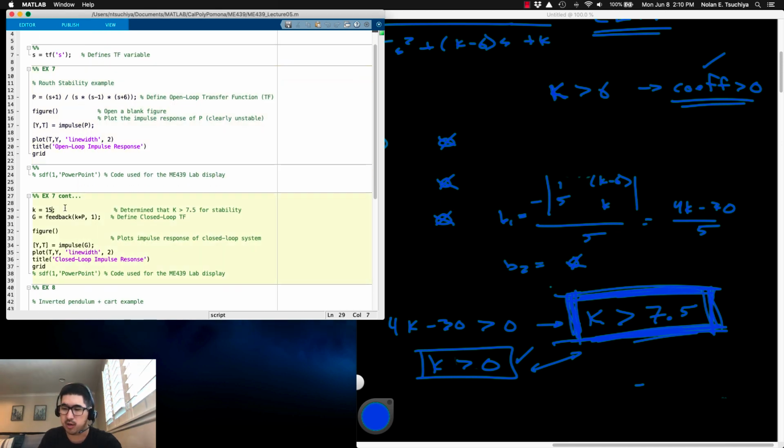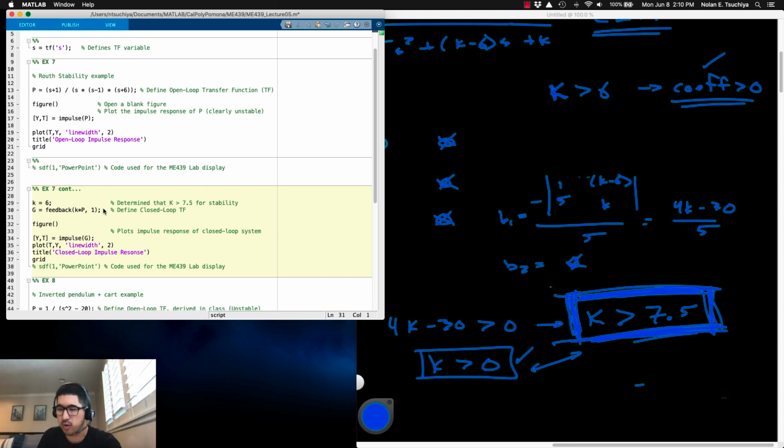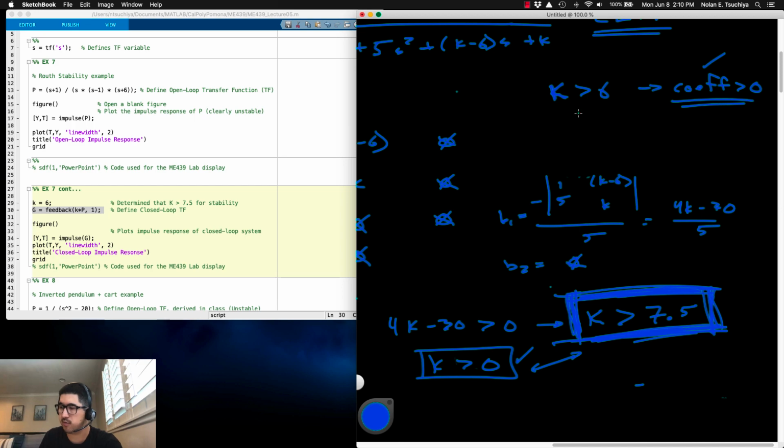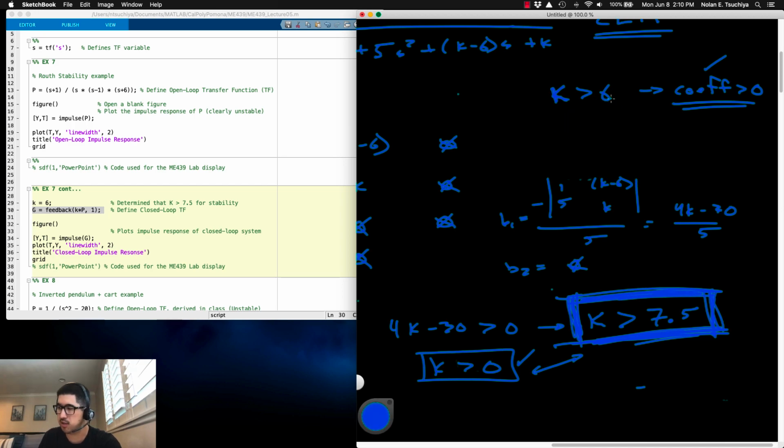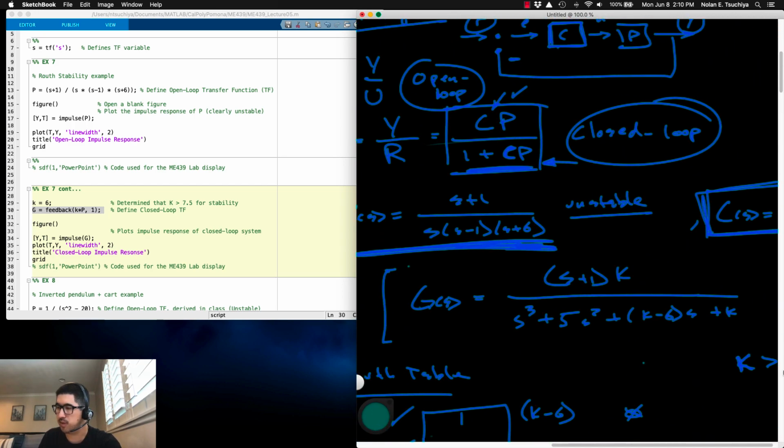In this piece of code here, what we're doing is using the feedback function in MATLAB to construct the transfer function that's essentially CP over 1 plus CP.